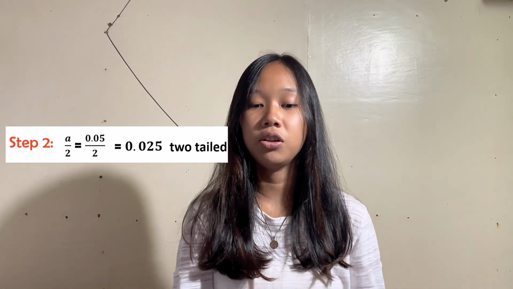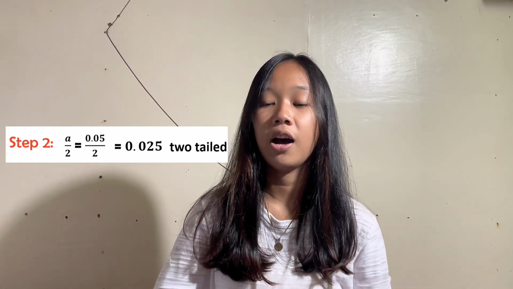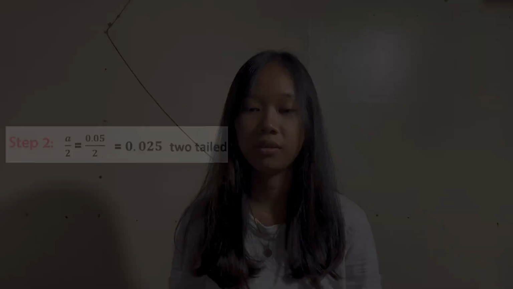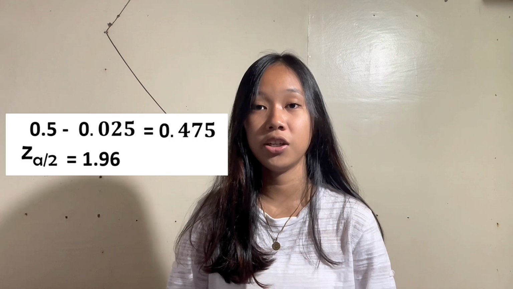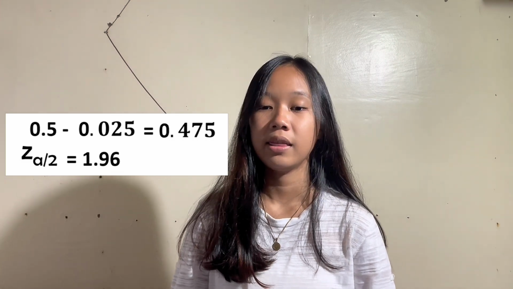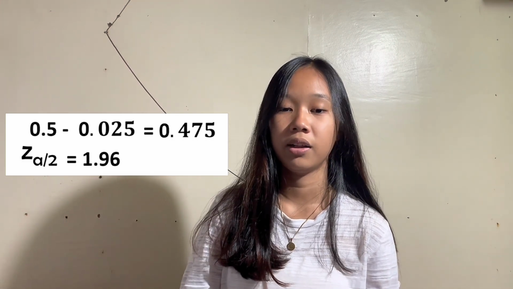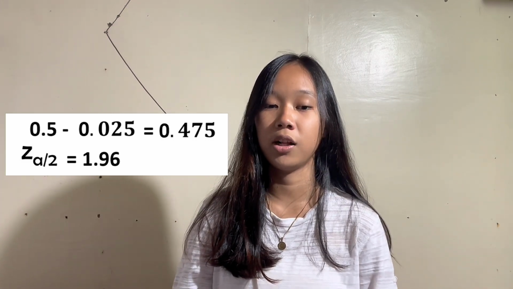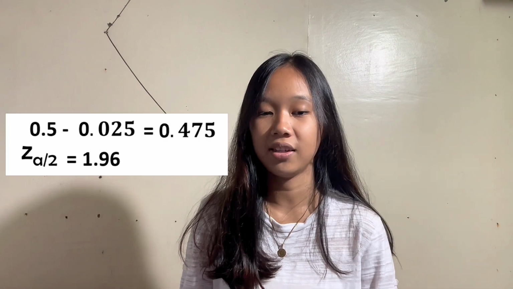Because we're only going to use half the area of the normal curve. We will have now the area of 0.475. Then if you look at that in our table, it has a Z score value of 1.96.